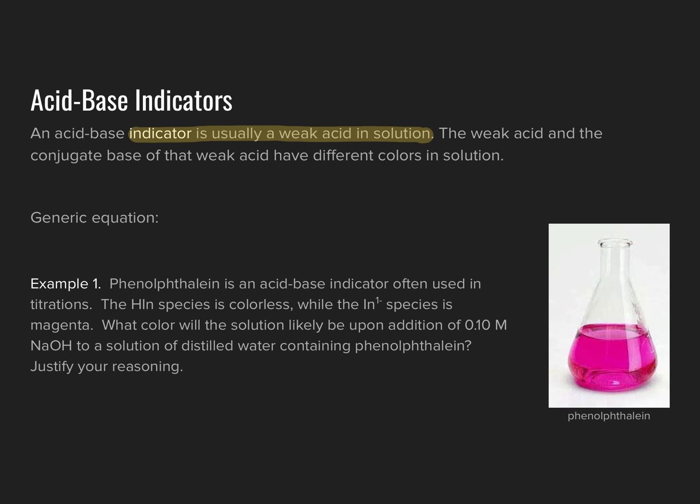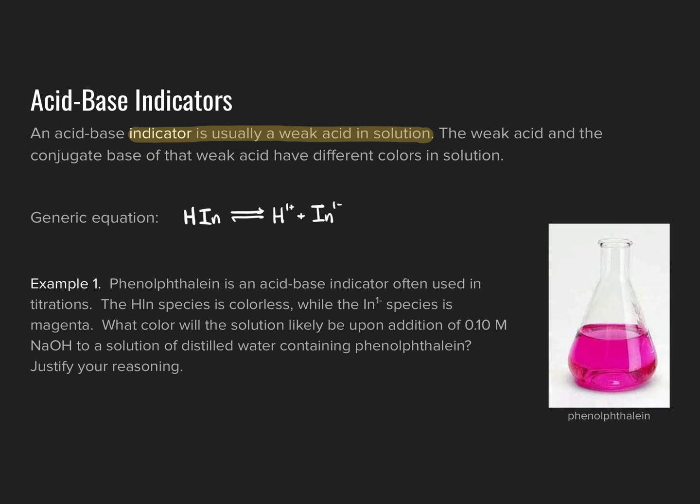Now we could write a generic equation showing the dissociation of this weak acid. I'm going to call the acid here HIN, noting again that it has a hydrogen cation present in it, and then the IN just stands for the rest of the indicator molecule. Upon dissociation of that weak acid, it'll separate apart into the hydrogen cation, H+, and the IN- indicator anion, that being the conjugate base of the species HIN.